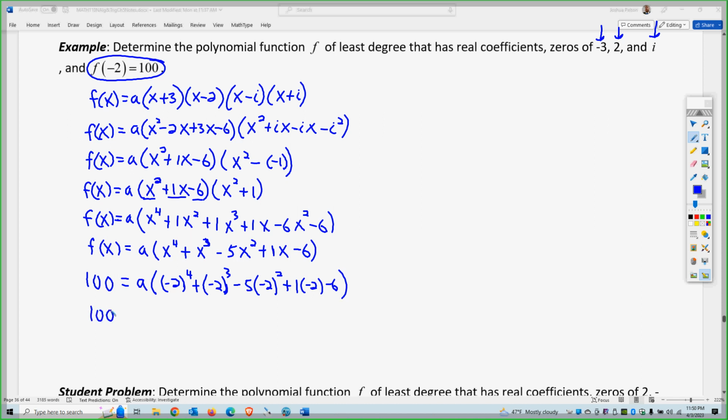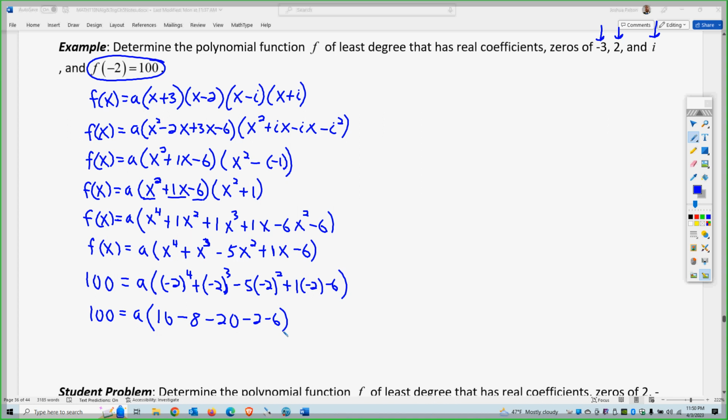So 100 equals a. Okay, so that's going to be 2 to the 4th is 16. That's going to be minus 8. So -2 squared is 4 times -5 is -20. Minus 2 and then minus 6. So I think we're good there.